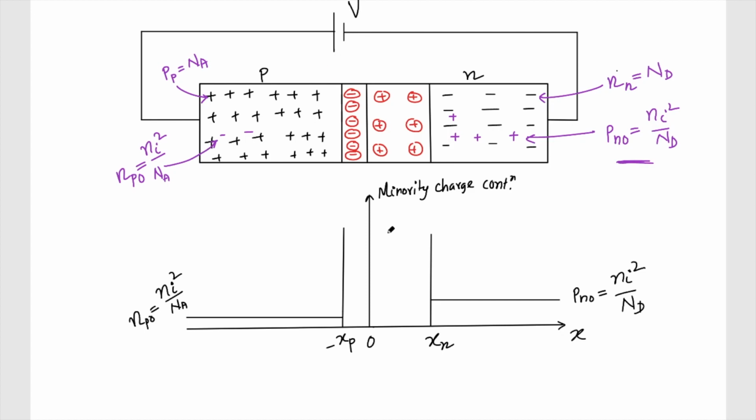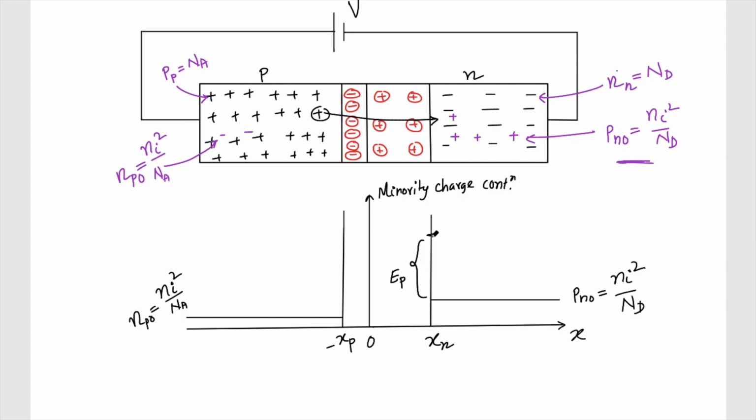Now we have applied a forward bias voltage, and because of this these holes will get diffused to this side. As a result, on the N side, the minority charge carrier concentration is going to increase. Let's say it has increased to this point. Now we have an excess amount of holes here, so let's call it EP, E for excess and P for holes.